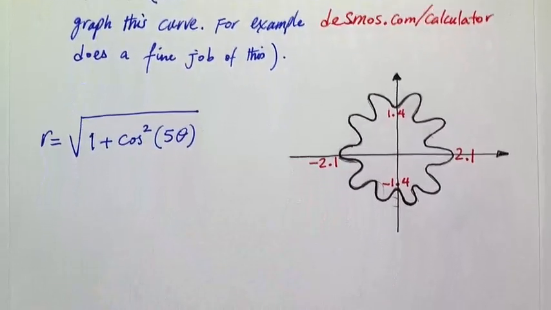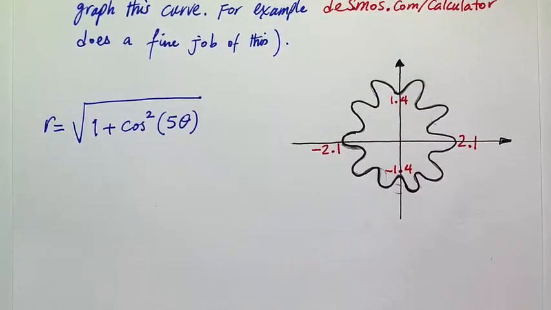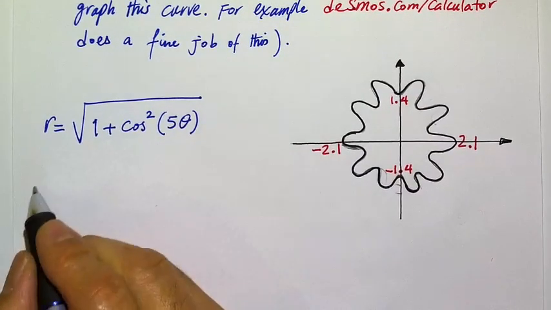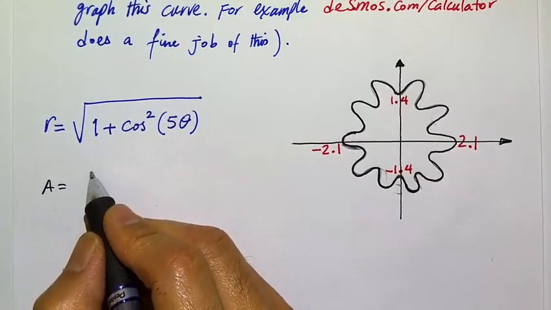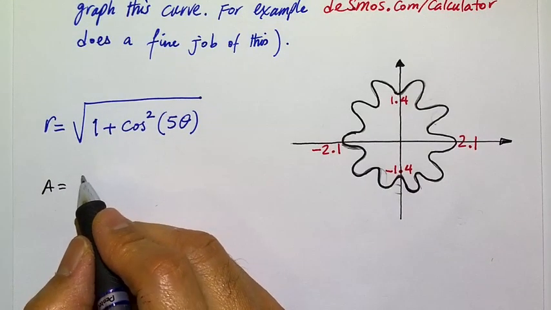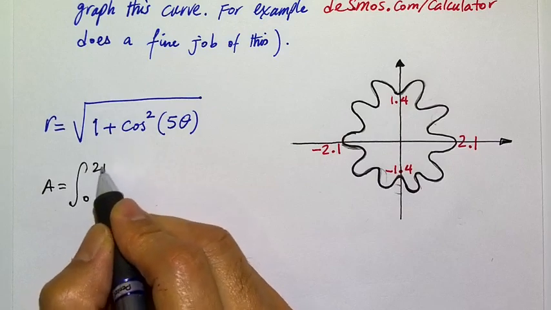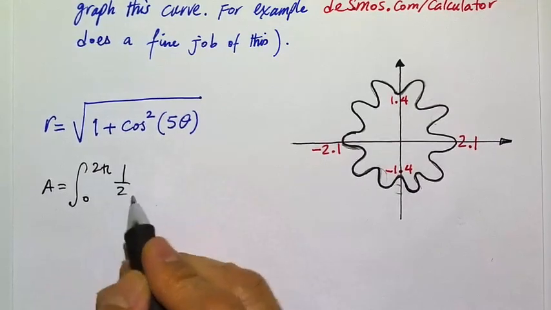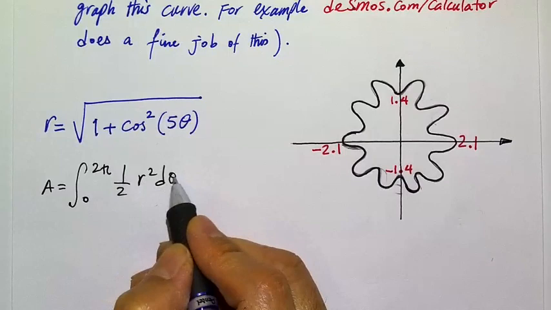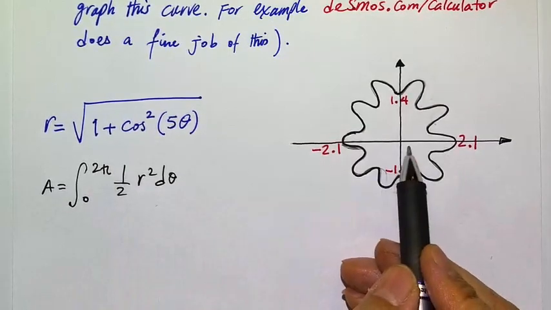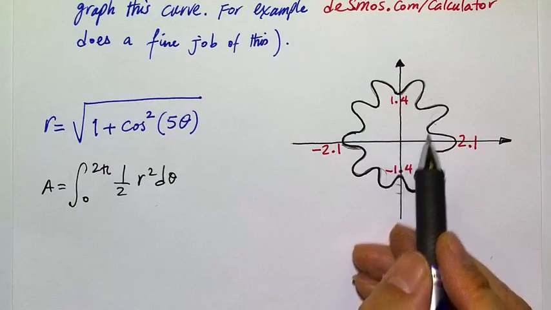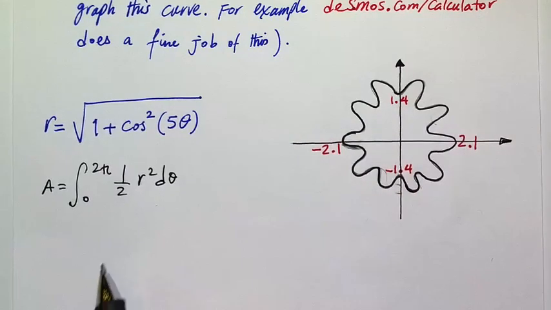So we have A would be from 0 to 2 pi, 1/2 r squared d theta, right? This is our formula, and we know this is going from 0 to 2 pi, the whole thing.